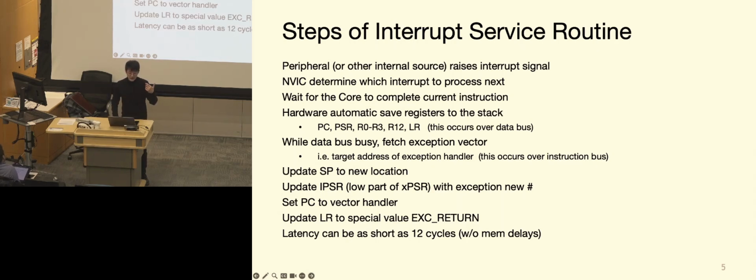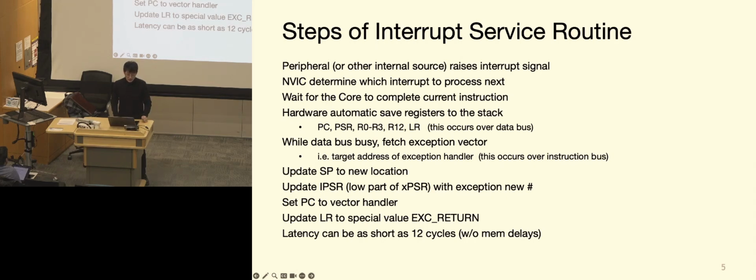Basically, you will be stacking the program counter, the PSR, the program status register, and R0 to R3, the caller-saved registers. R12 is one of the registers usually used to store intermediate calculation values, so those are typically also saved between function calls.